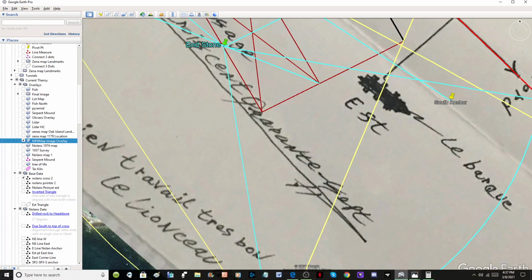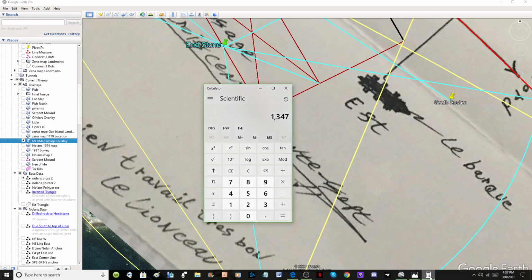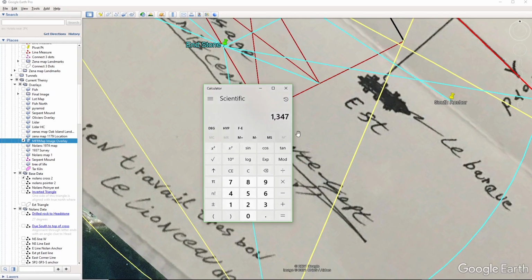So that is the distance that we get from that map. And when you add those together, plus 1986, you get all threes. And I thought that was pretty interesting.